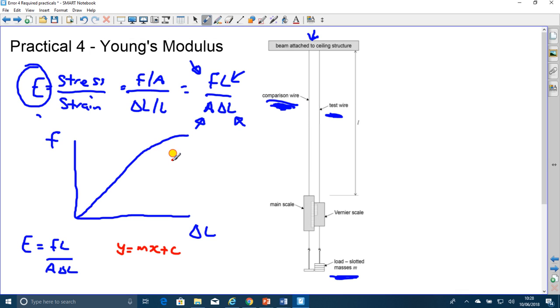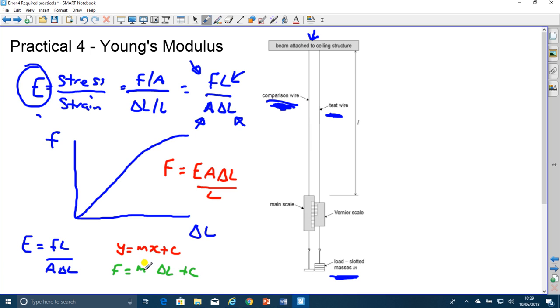So F equals E A delta L over L. So here, if we do the form of y equals mx plus c, we've got y as F equals, the x-axis was delta L, not 1 over delta L, my apologies, it's just delta L plus c.